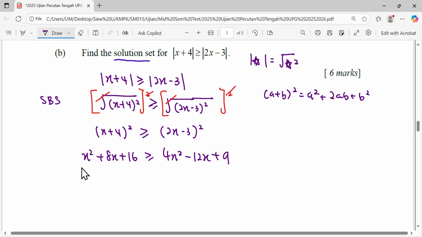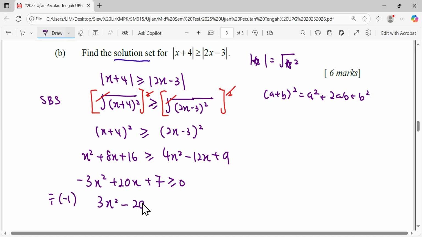Then we rearrange it to the left hand side, we get negative 3x squared, and then plus 20x, then minus the 9, positive 7. Before we do factorization, make sure our quadratic is positive, so we divide by negative.